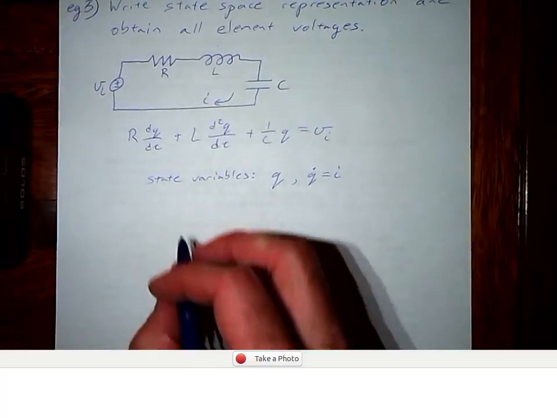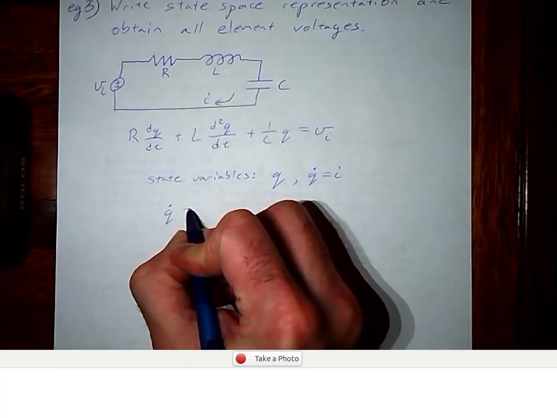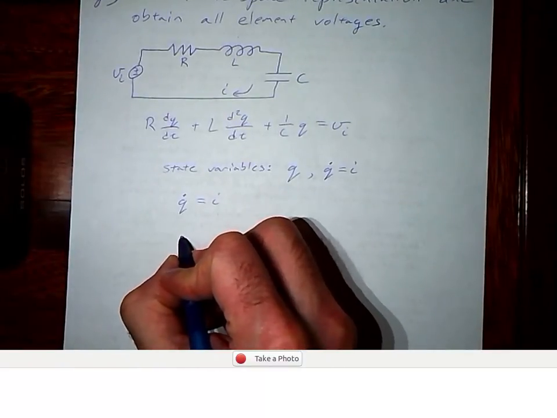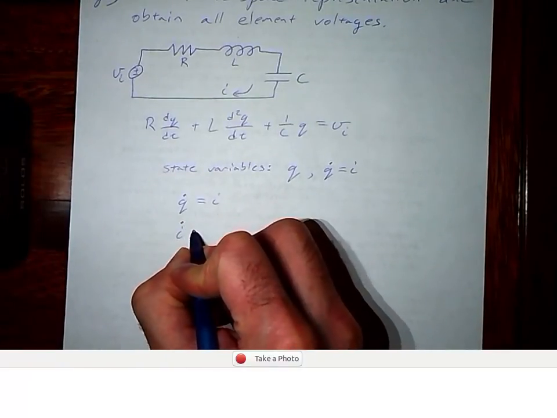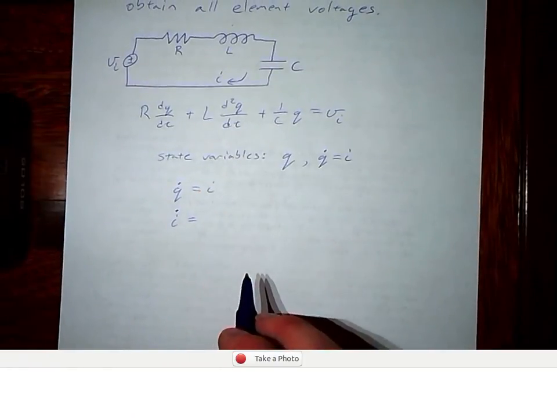Alright, so now we can write our state equations. We have first that Q dot is equal to I, and then this looks kind of funny, but I dot is, so it just comes from rearranging this equation.